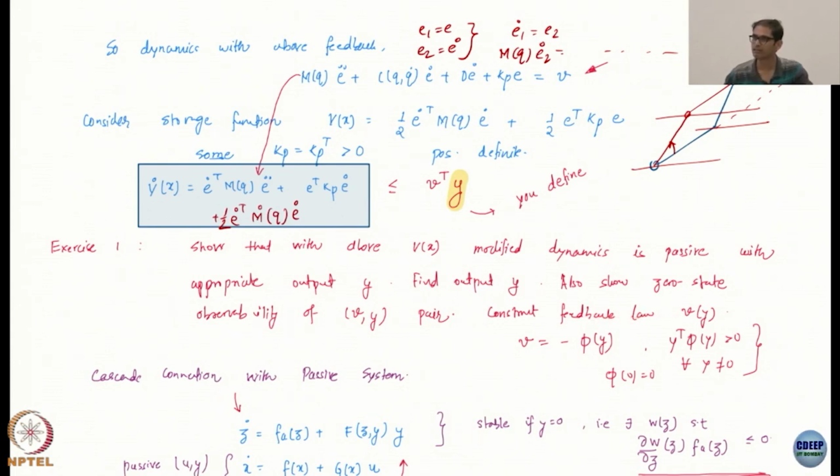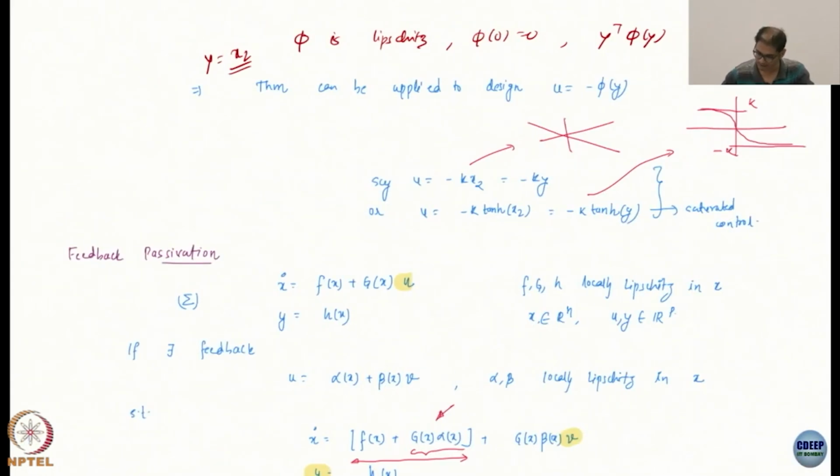Once you have a y, your feedback is just v equal to minus phi y, such that y transpose phi y is positive definite. Pretty easy actually. If you get a y, the simplest feedback is minus k y itself, as you can imagine, right? We already did this in this example.